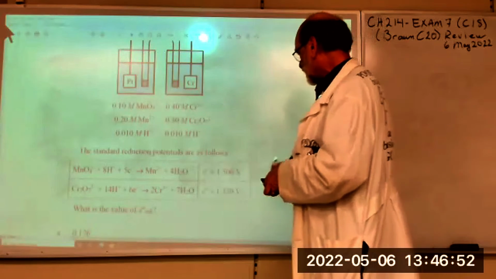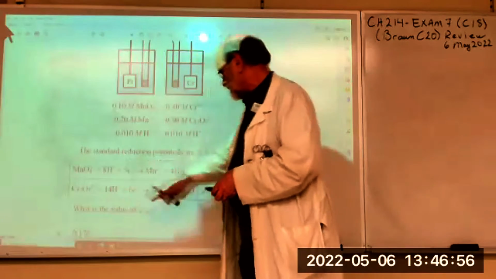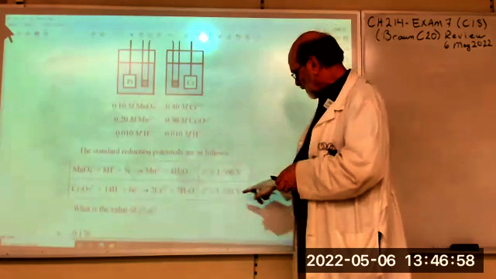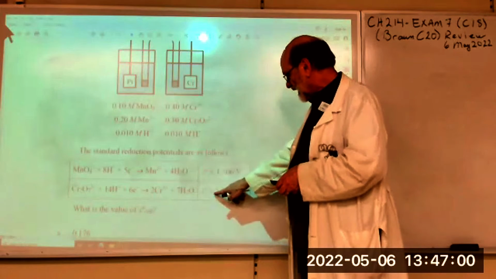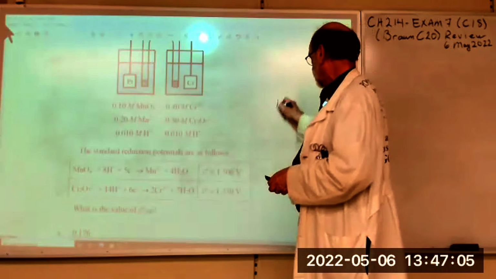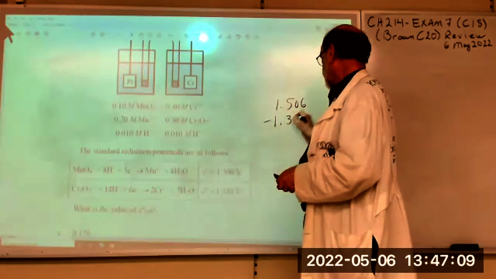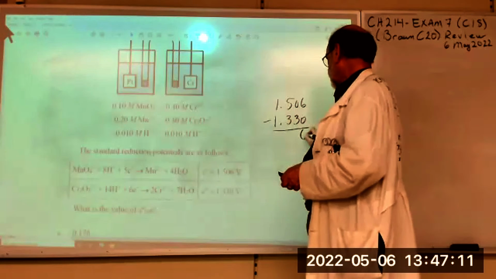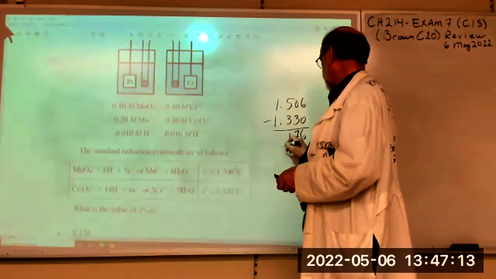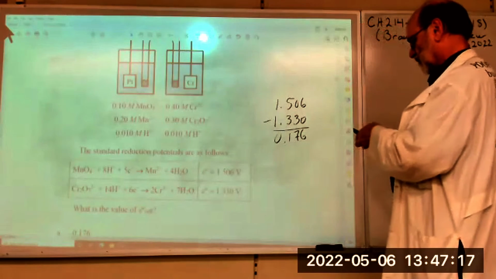Okay, so what we have to do is say, all right, which one do we flip? They're both written as reductions. So if we flip this one, that'll make it negative. That one's still positive. We'll get a valid calculation. -1.330 plus 1.507 is 0.176, a positive voltage.